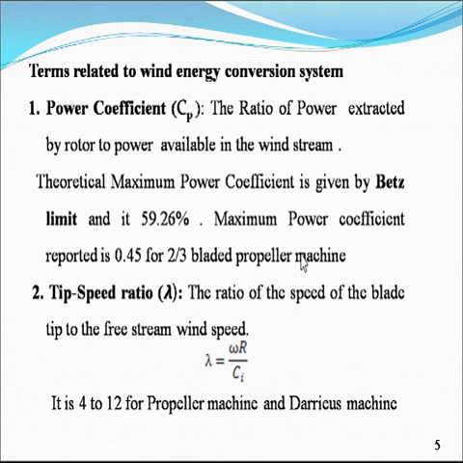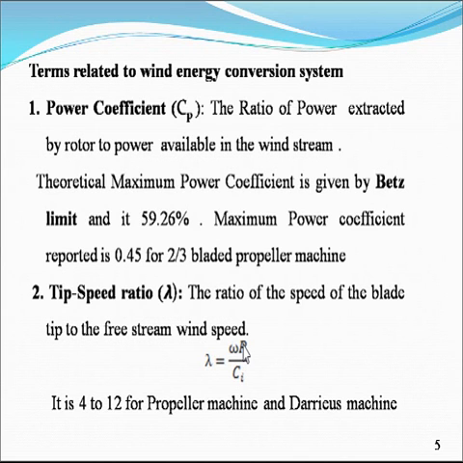The second term is the tip speed ratio lambda, which is the ratio of the speed of the blade tip to the free stream wind speed. So lambda equals omega times r, where omega is the angular velocity of the rotor and r is the length of the blade in a propeller machine.